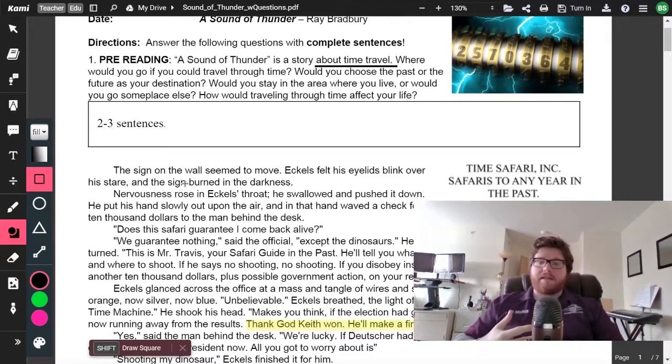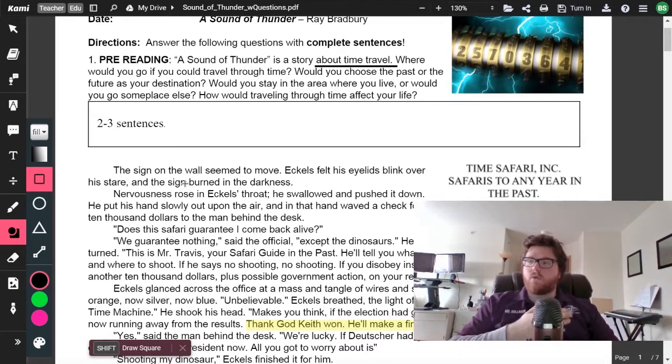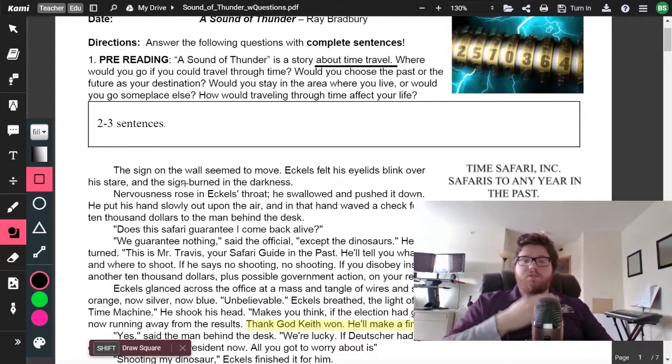We watched that video about the butterfly effect. The butterfly effect is the idea that a small change over time can have a big impact. This story that we're about to read is the reason that we have that in our movies and TV shows. If it weren't for this story, we might not have movies and TV shows where people go back in time and something goes wrong. This was the first one.